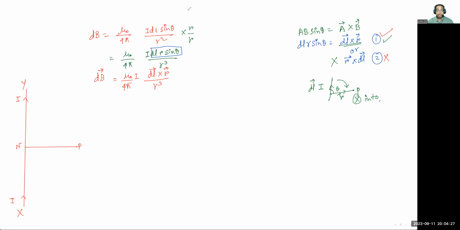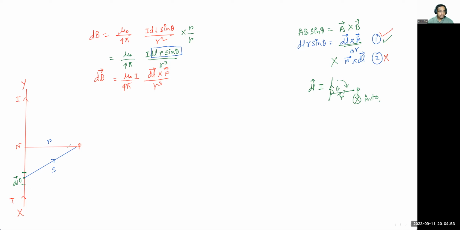Now let us have a current element dl over here, and this is the point O. What is the position vector of point P with respect to dl? This is called the r vector, or position vector of point P. In this case we are going to take it as S, because we are going to take the other one as r as well.